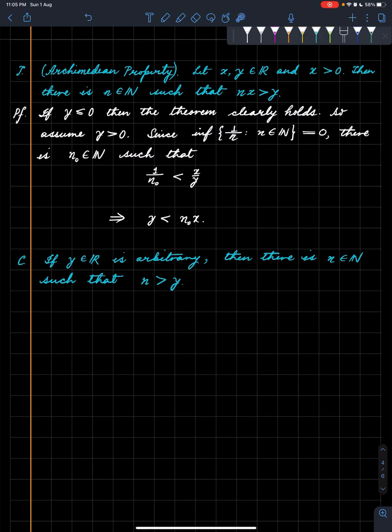So why is that? Just substitute x equals 1 in the above. So you get n greater than y. So basically it is saying that the set of natural numbers is not bounded above. Again, a trivial looking fact, but one has to prove it.